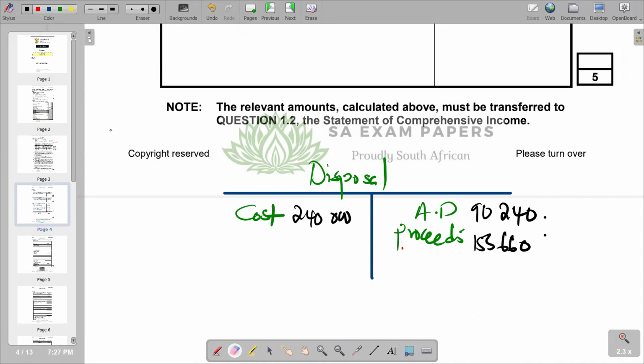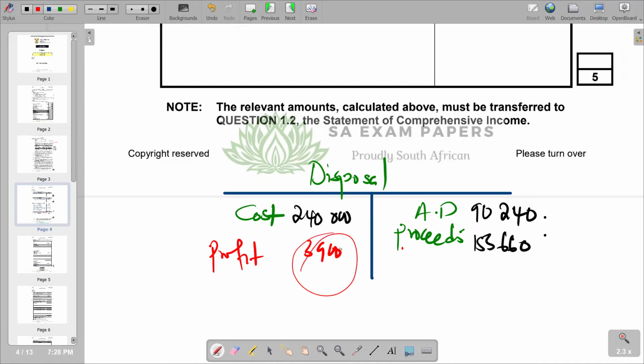So on the balancing figure, we are now saying the total of these two figures, which is 243,900, and then we subtract 240,000. You get 3,900, which is supposed to be the profit. So basically, this is the profit that we have.